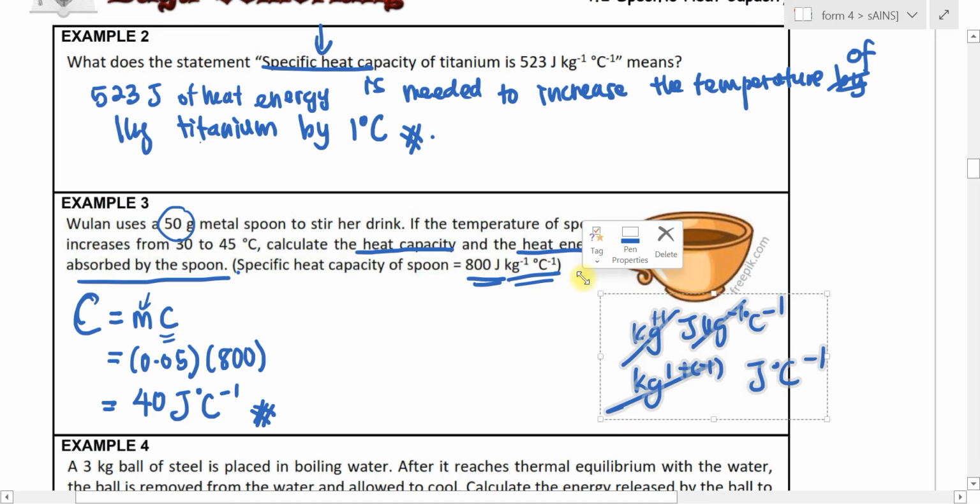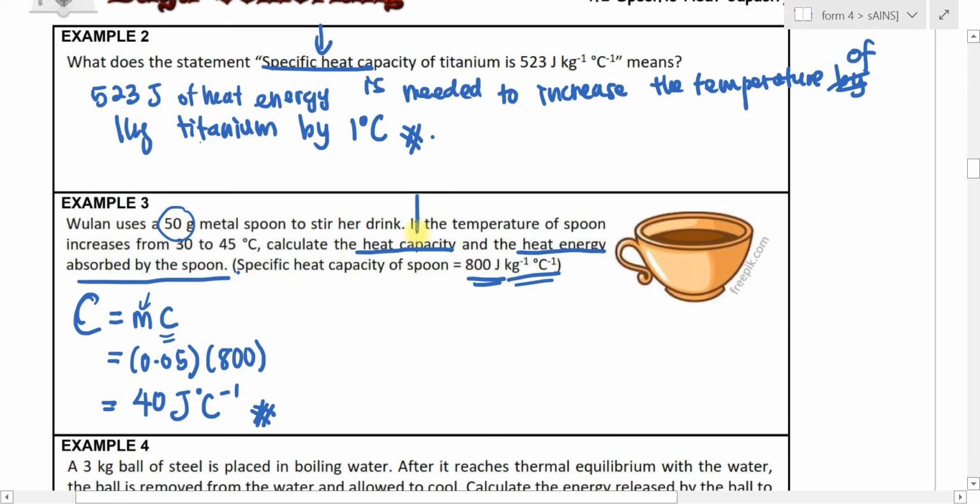Tak perlu hafal, kita buat matematik saja. Okay, the next one. Calculate the heat capacity, dah buat. Calculate the heat energy absorbed. Heat energy absorbed is MC theta lah. Heat energy, MC theta. So the mass is 0.05. The theta, C is 800. Theta is final temperature or maximum temperature minus the minimum. 45 to 30.